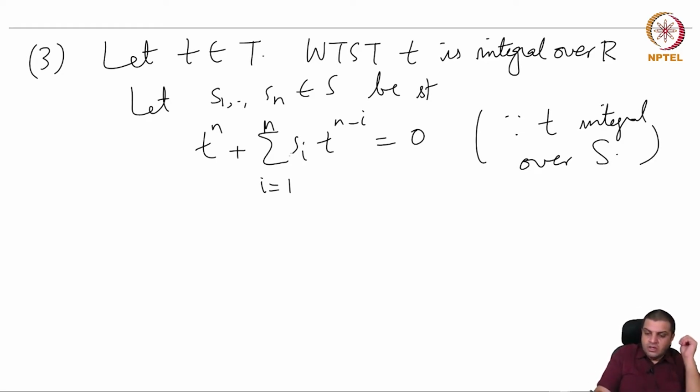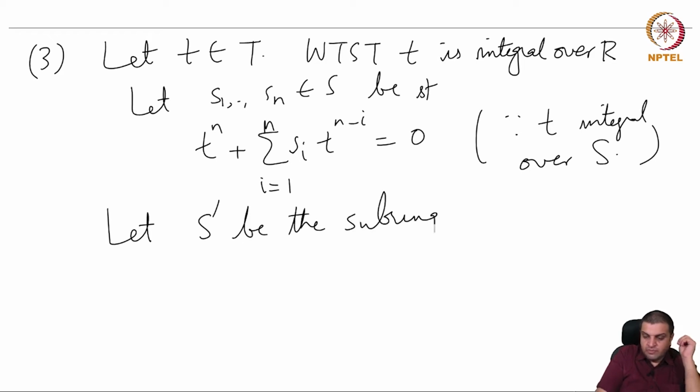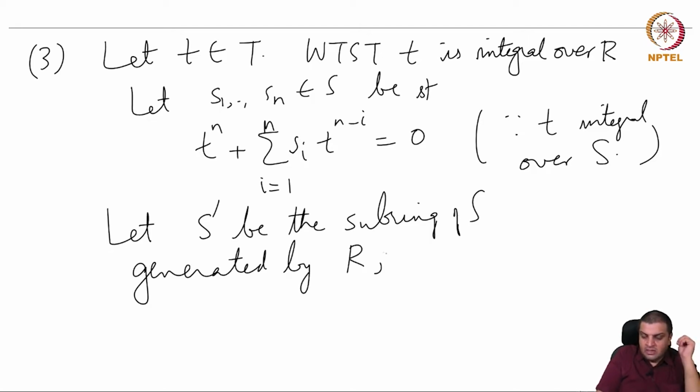Okay. Now consider the subring generated by, so let S prime be the subring of S generated by R and S1, S2 through Sn.